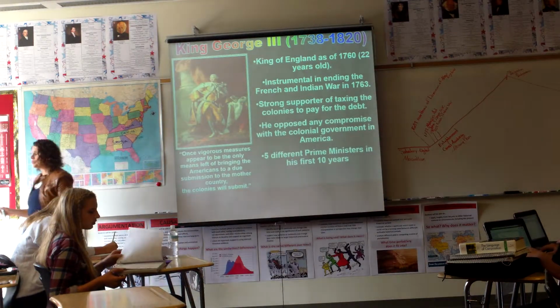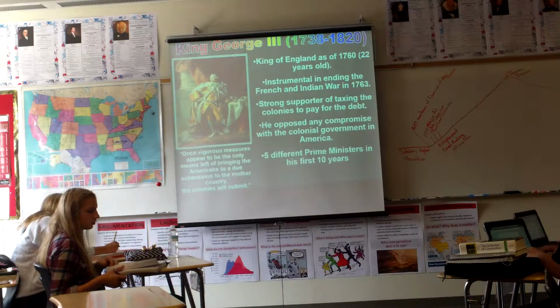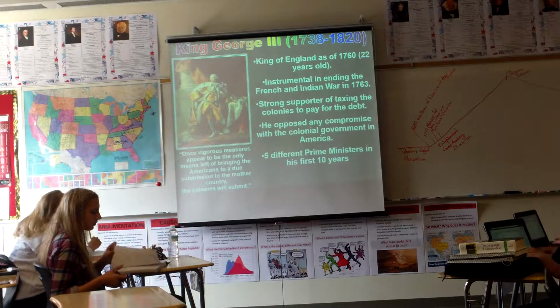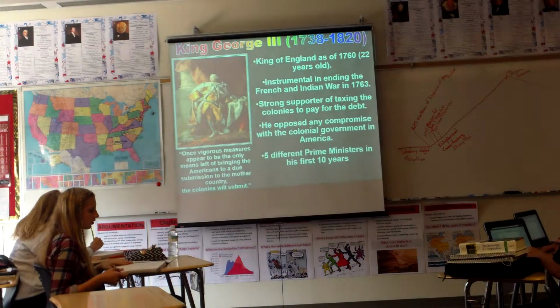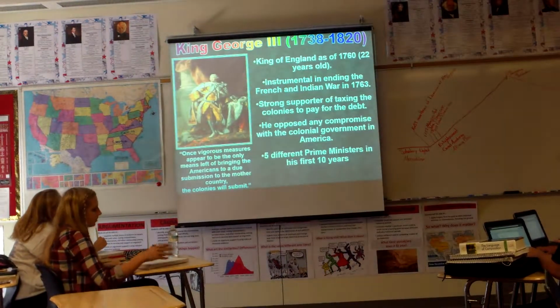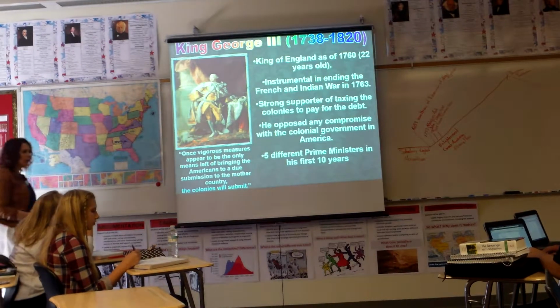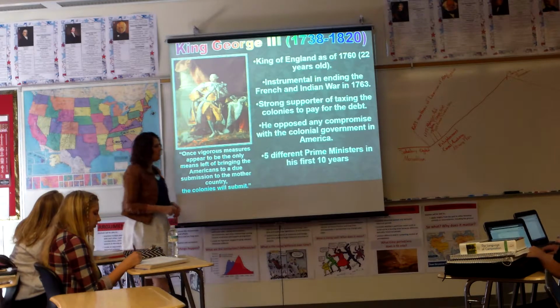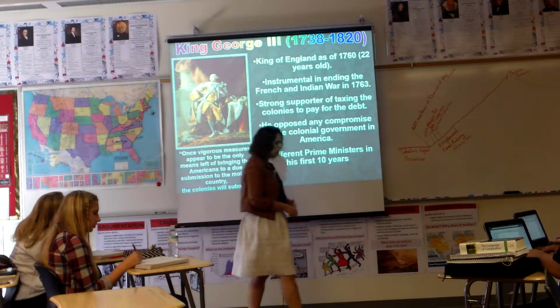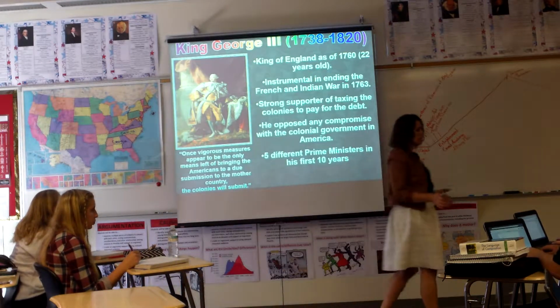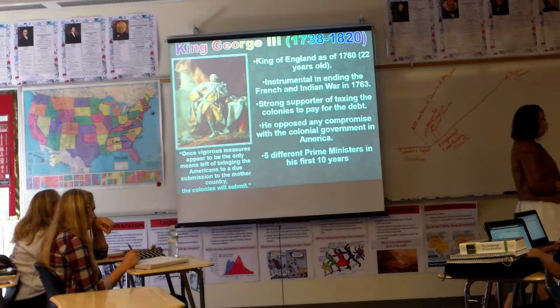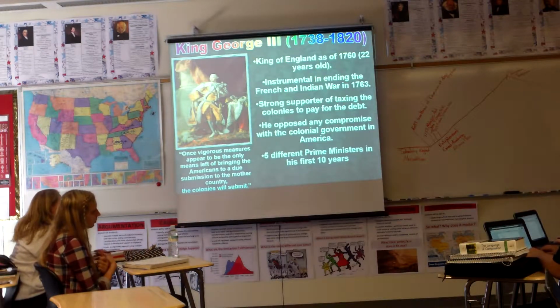So much so that you will see him replace leadership frequently because he simply has a disagreement with somebody about something, and most times pretty trivial. So he is not somebody who is very level-headed by any means whatsoever. And he opposes any kind of colonial government. He also opposes any kind of compromise.